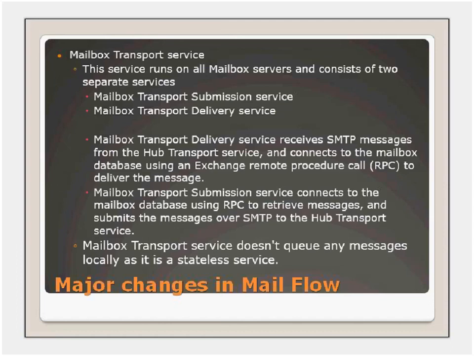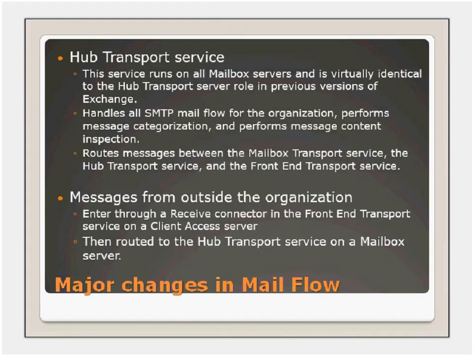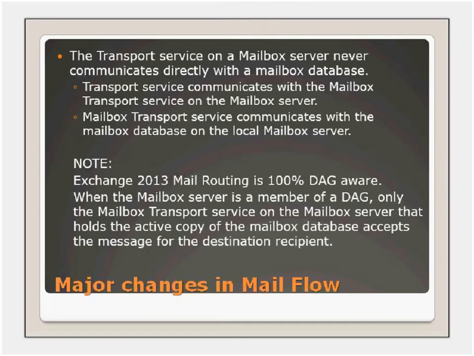The hub transport gives it to the mailbox transport delivery service, and it is the function of that service to deliver it to the mailbox database, and it uses RPC, remote procedure call, to do that. The mailbox transport service communicates with the mailbox database on the local server, and that's what we just said.